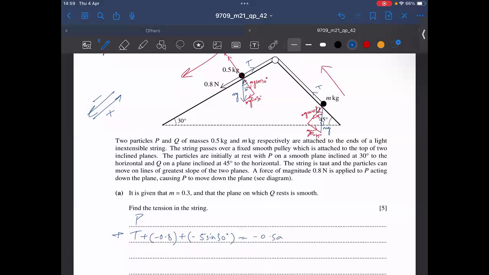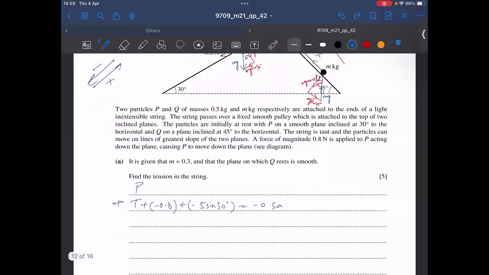Why? Because the acceleration of P is going to be downwards, so I take the negative.